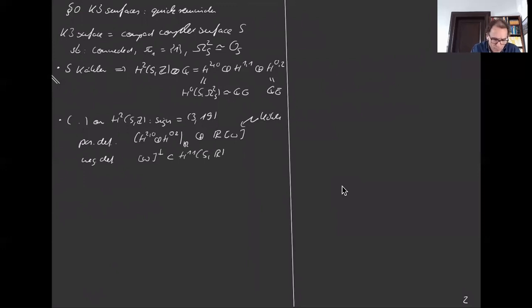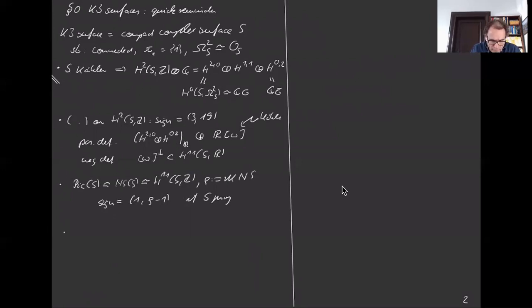The Picard group is nothing but the Néron-Severi group, and this in turn is just the 1,1 part of the integral cohomology. Its rank, so the Picard number, will be denoted by rho. The signature of the intersection form restricted to the Néron-Severi lattice is of course then (1, rho minus 1) whenever S is a projective K3 surface.